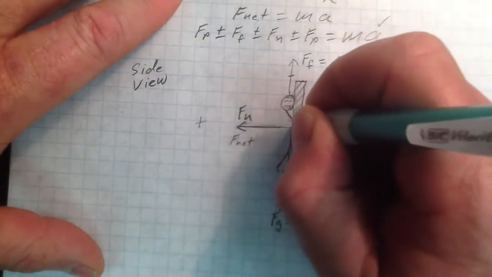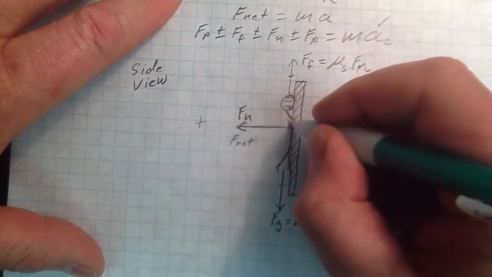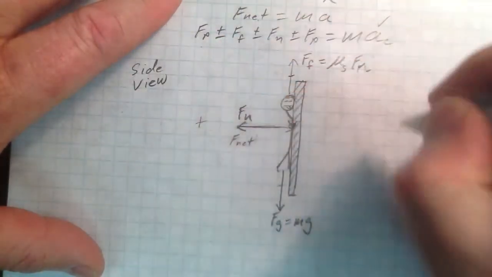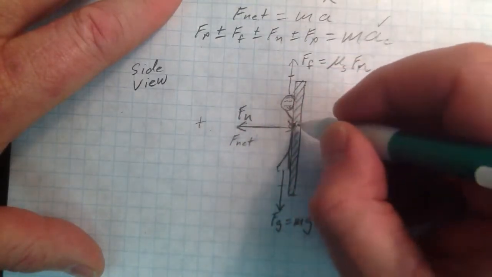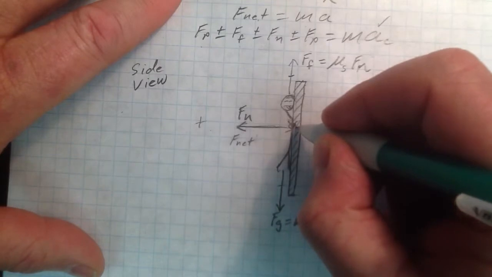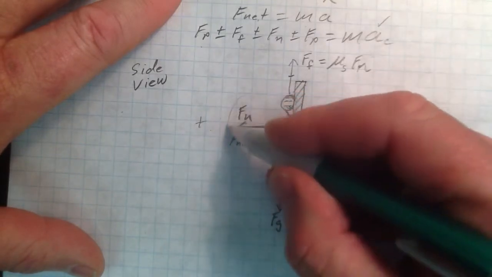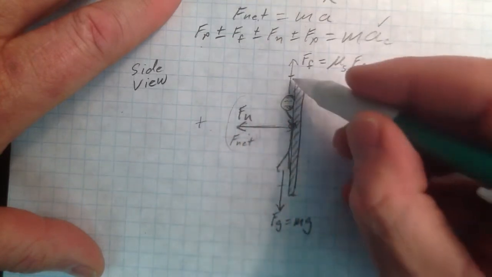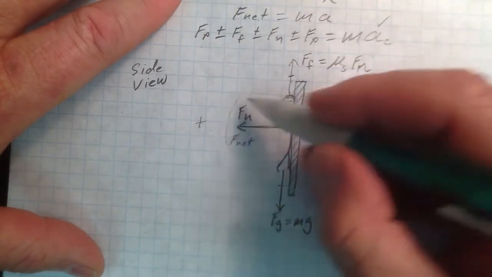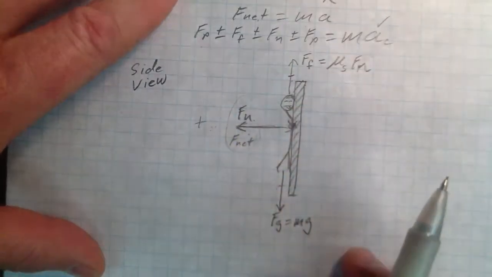I guess if you wanted to say there's like a push here into the paper to make this guy go around in a circle, but that's in a different dimension, all right? So regardless of whether you think it's there or not, it's in a different dimension, so it's not going to matter. So F net pointing towards the center is just going to be all these forces, this in equilibrium, force applied, not a player, force normal this time is the only thing pointing towards the center.